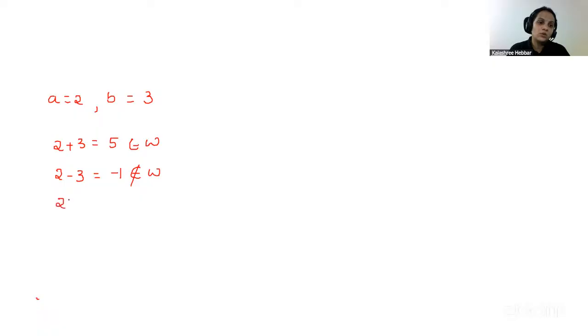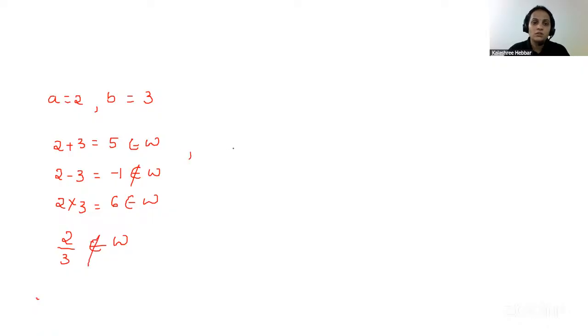And 2 into 3, that is 6, which belongs to whole numbers. 2 divided by 3 does not belong to whole numbers.